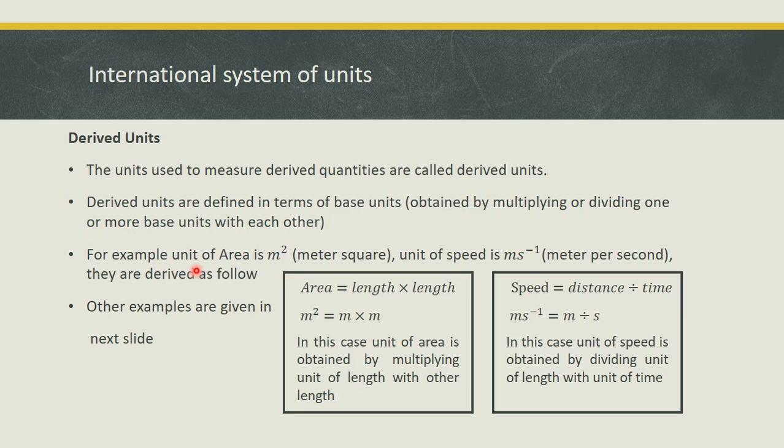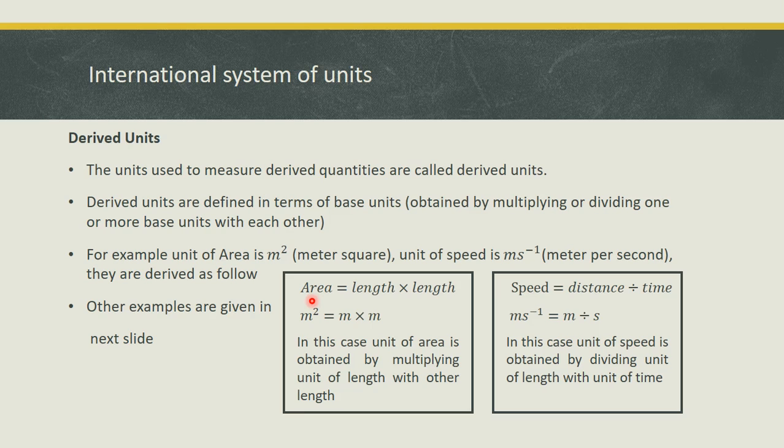For example, the unit of area is meter square. So this m and this little 2 means square. And the unit of speed is meter per second. This is per second, and they are derived as follows.